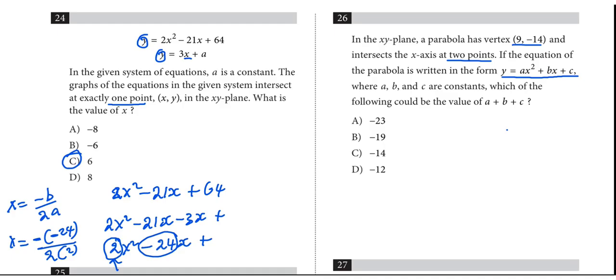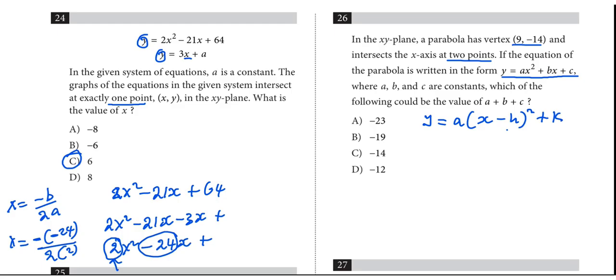So now we are going to write this in vertex form. Remember that the vertex form is y equals a open bracket x minus h squared plus k.